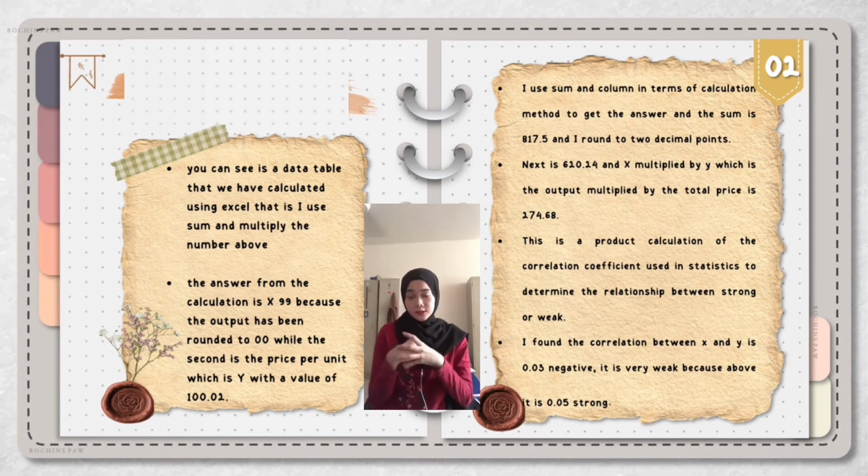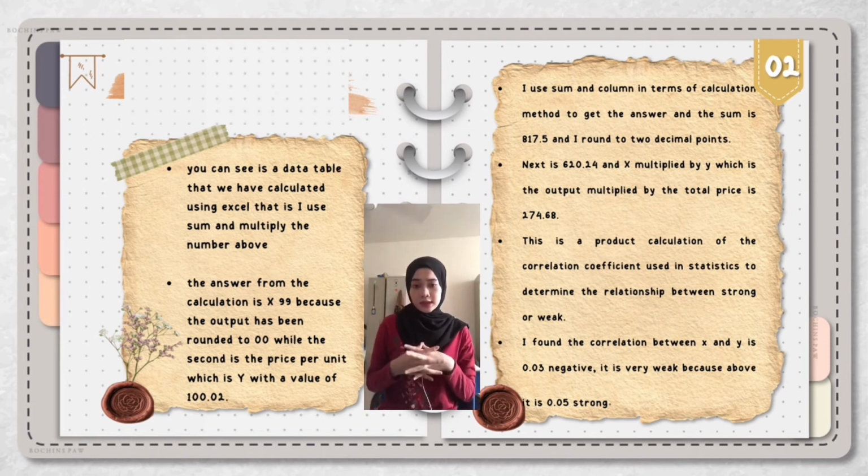Above, as you can see, is a data table that we have calculated using Excel, where I use sum and multiply the numbers. So the answer from the calculation for X is 99 because the output has been rounded, while the second is the price per unit, which is Y, with a value of 100.02.